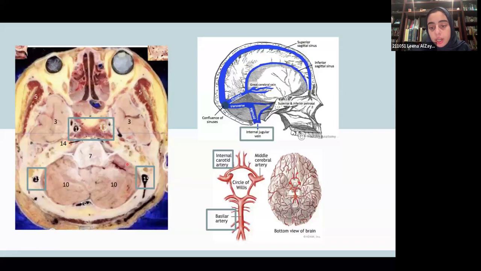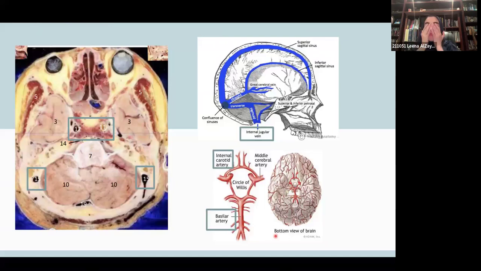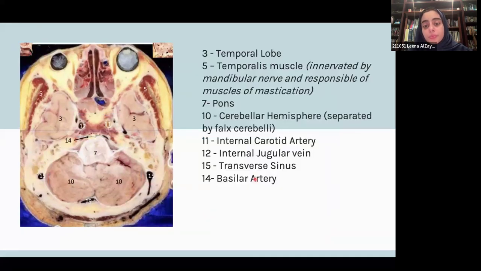In terms of the internal carotid artery, this is the internal carotid artery, and it forms the middle cerebral artery, sorry, not the middle meningeal. Yeah, so it creates the middle cerebral artery. Okay, I didn't forget anything.